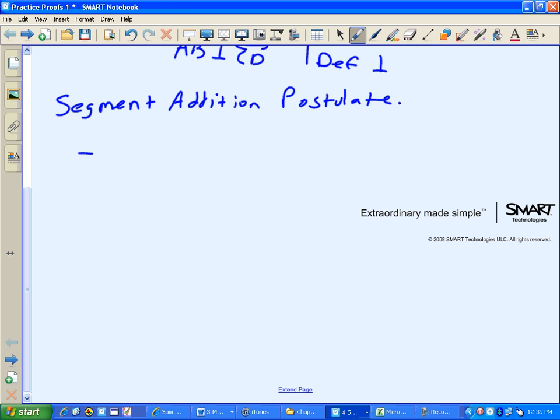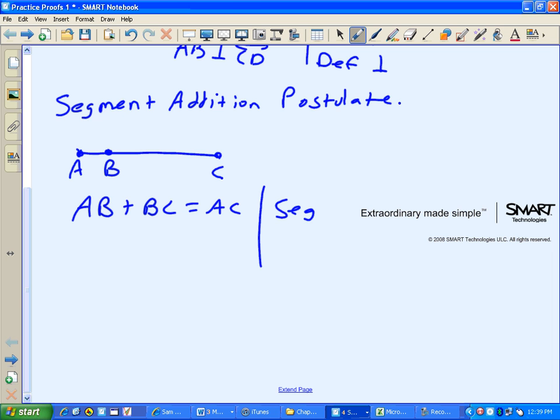If I have a picture, and on my picture I can see that I have 3 collinear points and one that's in between the other two, I can write AB plus BC equals AC by the segment addition postulate.